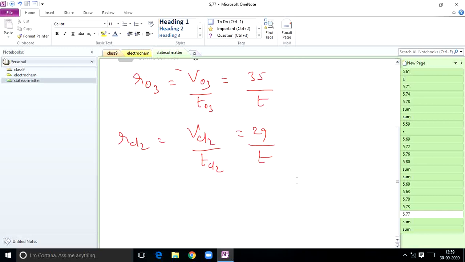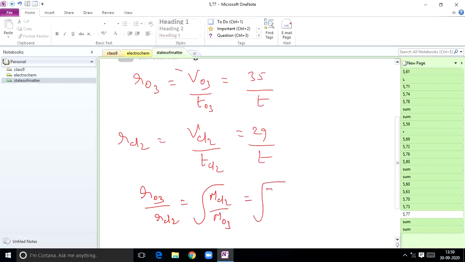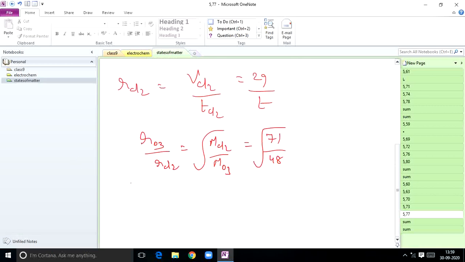Okay, now you already know the formula. Rate of diffusion of ozone by rate of diffusion of chlorine gas is equal to square root of molecular mass of chlorine by molecular mass of ozone. So that is equal to square root of 71 by ozone. Actually we know it is 48, but he is asking ozone molecular weight.